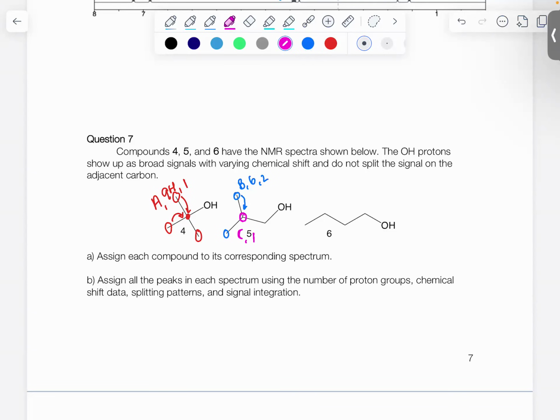C has 3 neighbors here, 3 neighbors here, 2 neighbors here. At that point, we just call it a multiplet. And finally, D has 2 and just sees its neighbor next door. So it's a doublet.